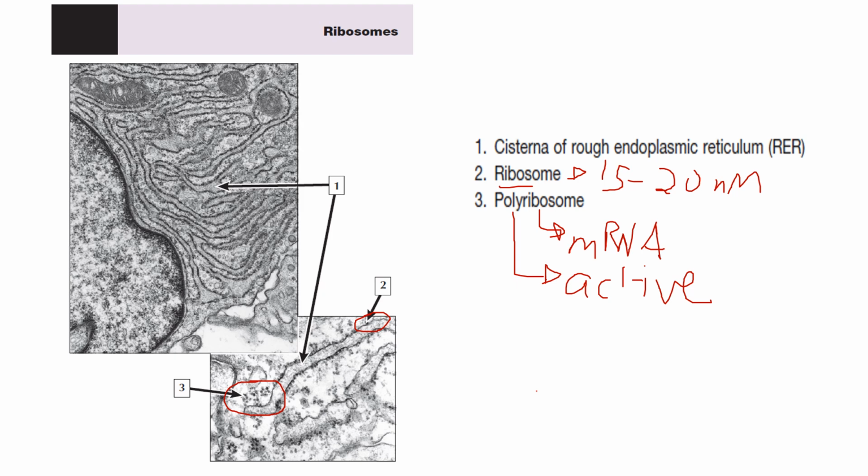Ribosomes may be attached to membranes of the rough endoplasmic reticulum or RER or to the outer nuclear membrane. Polyribosomes also synthesize proteins for internal use only, for internal use by the cell.